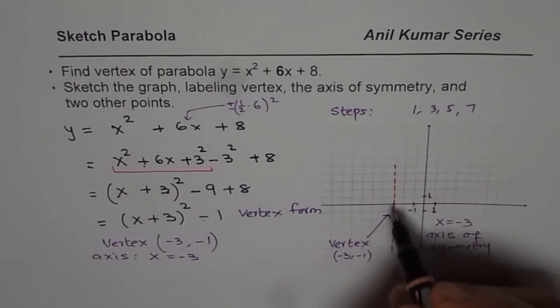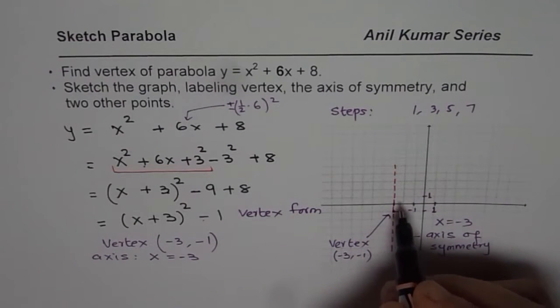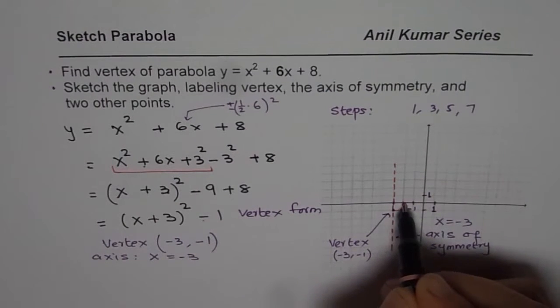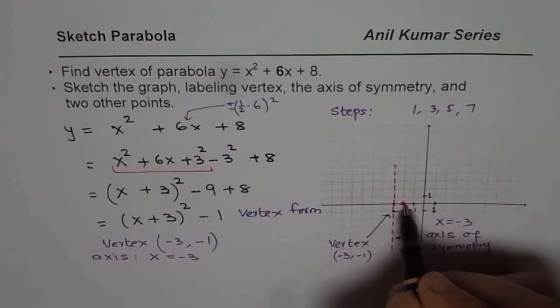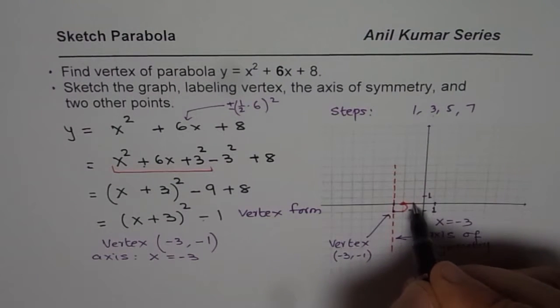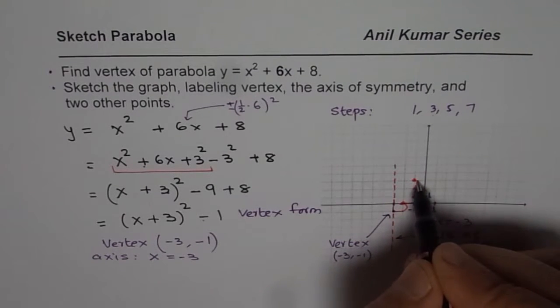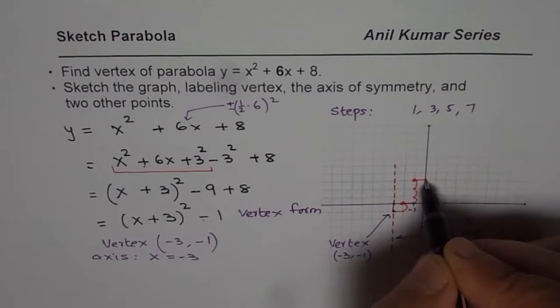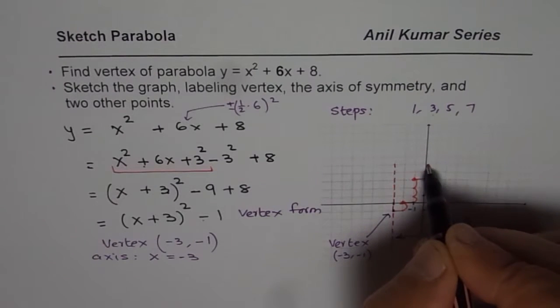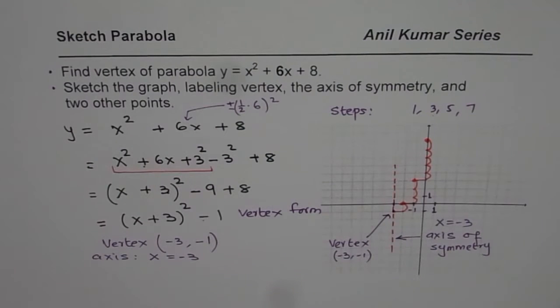Since we know this is the axis of symmetry, if I move 1 unit away to get the next point, I have to go 1 unit up. Next, if I move 1 unit away, I have to go 3 units. 1, 2, 3. So that's the next point. And then if I move 1 unit away again, 5 steps: 1, 2, 3, 4, 5. So these are my 5 steps, correct?